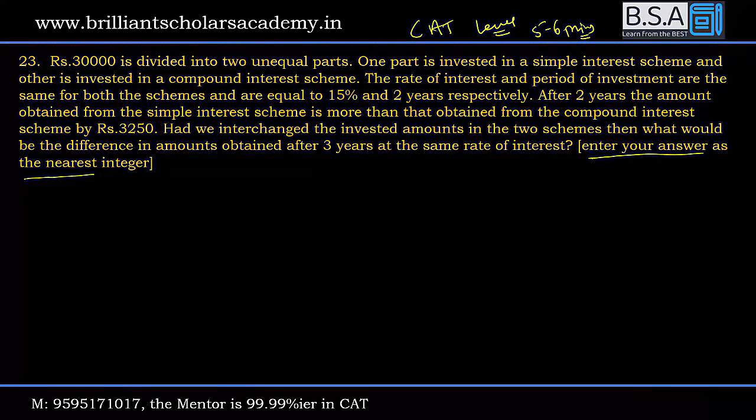So first I'm saying, let us say the money is A rupees and B rupees, which is 30,000.